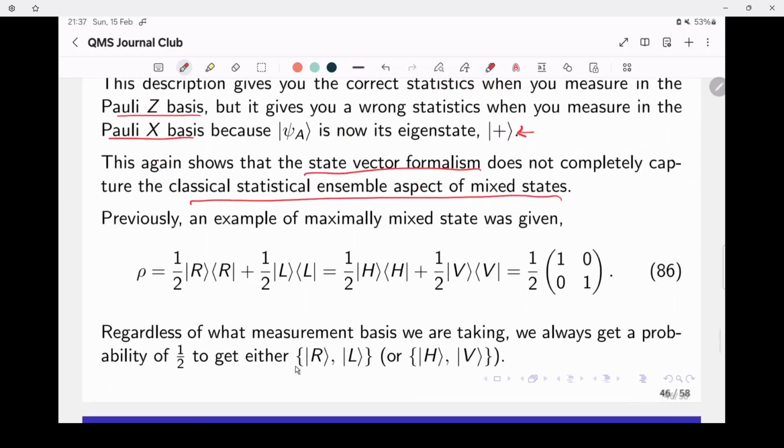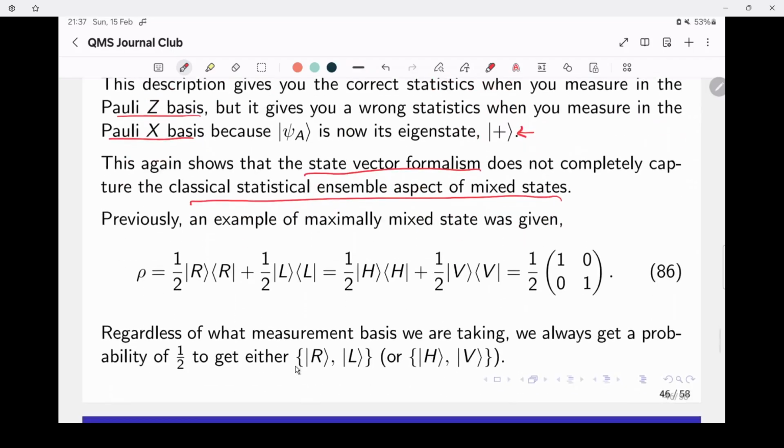And previously, I gave this particular example. So if you consider this as a statistical mixture between the left and the right circularly polarized photons, it doesn't matter which kind of polarization you try to measure, it always gives you probability half because this particular density matrix is a maximally mixed state.